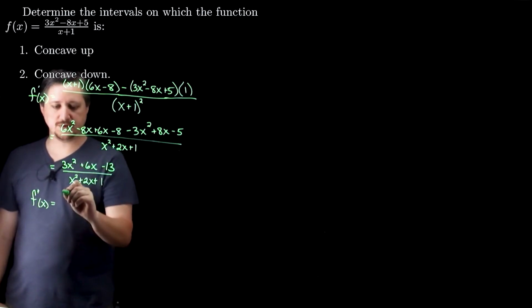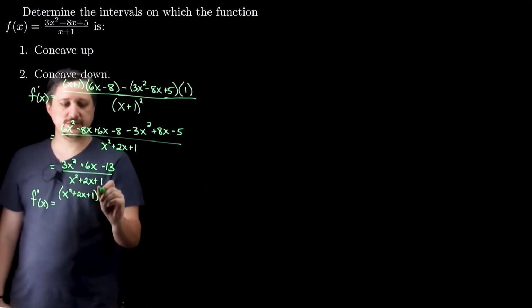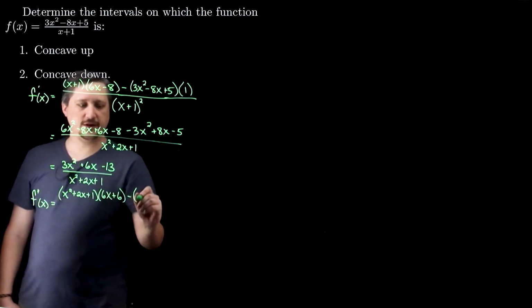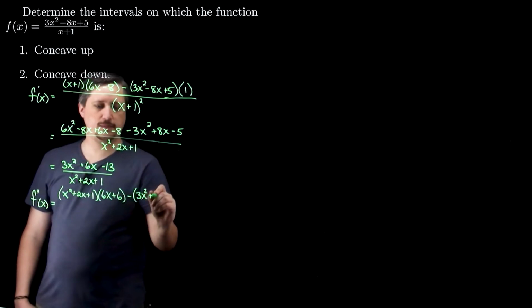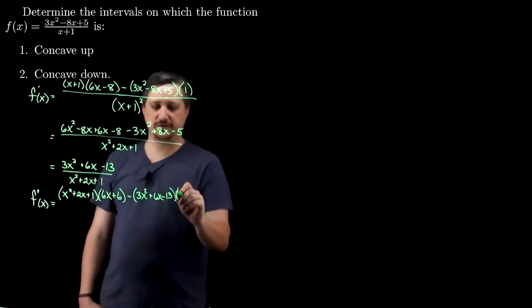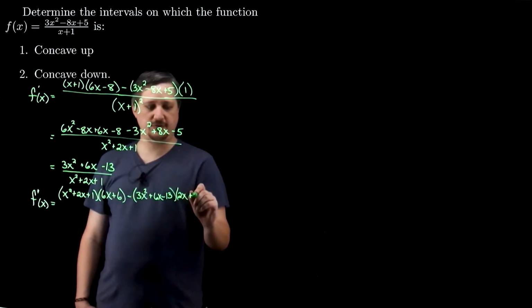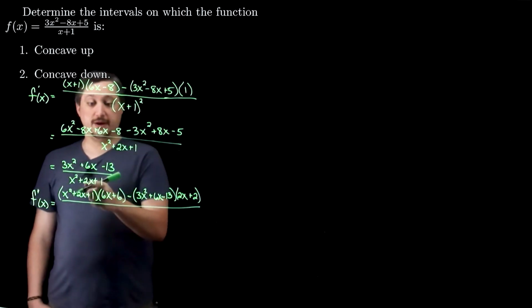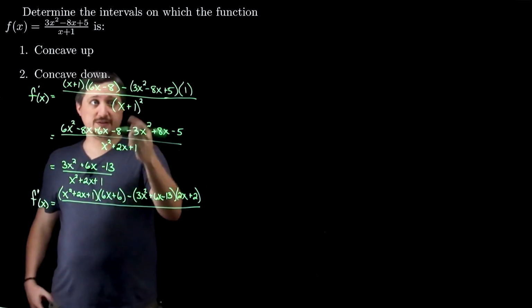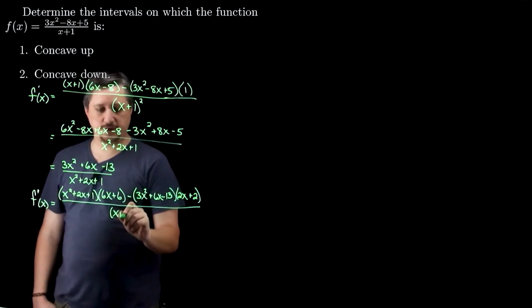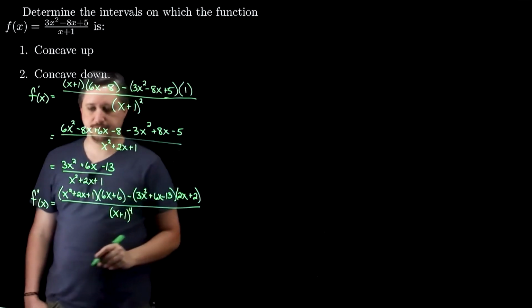So bottom, so I'm going to have x squared plus 2x plus 1 times the derivative of the top, which is 6x plus 6, minus the top, 3x squared plus 6x minus 13, times the derivative of the bottom, which is just 2x plus 2, all over the bottom squared, which I'm now going to remember was x plus 1, so I'm going to have x plus 1 squared squared, which is x plus 1 to the 4th.